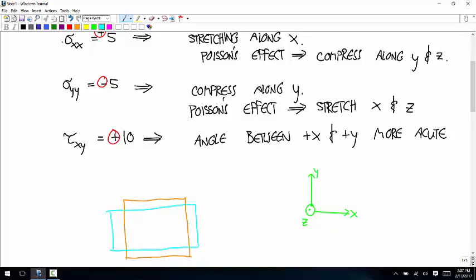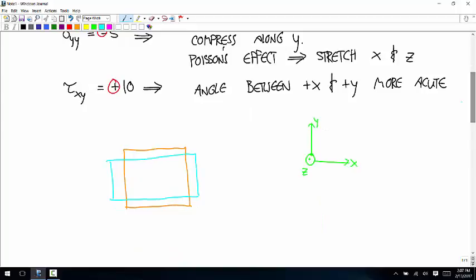And now we know that the angle between the positive x face on the right and the positive y face on top is going to get more acute. So the final answer is something like that. Yep.